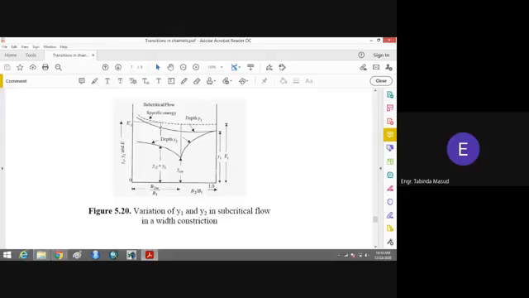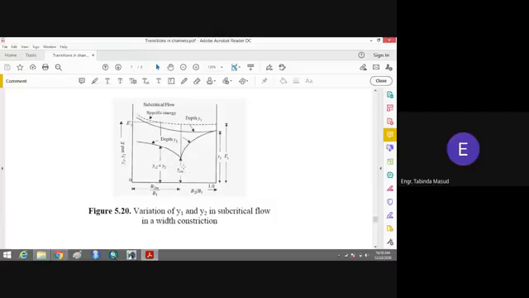The depth of the flow Y1 will start to increase here, and in the contracted section Y2 will again start to increase, and it will reach a point where again you have the critical depth of the flow. So you should stop here.